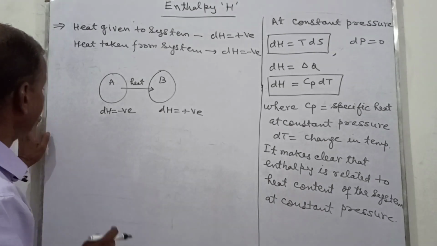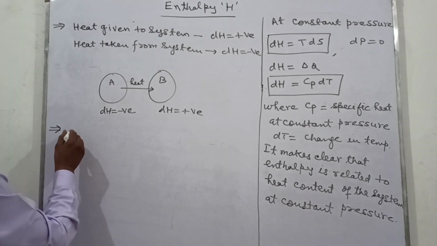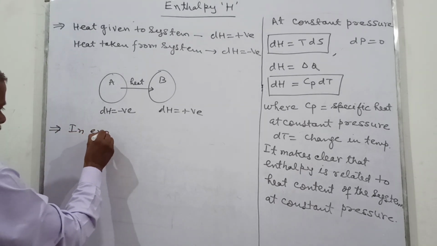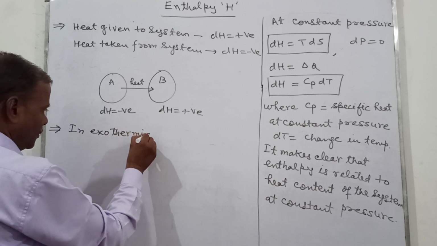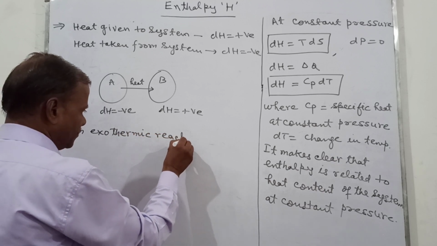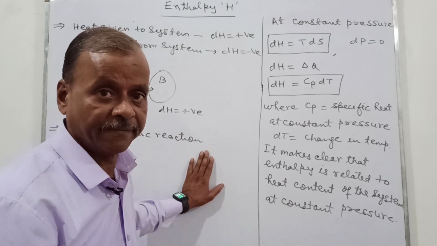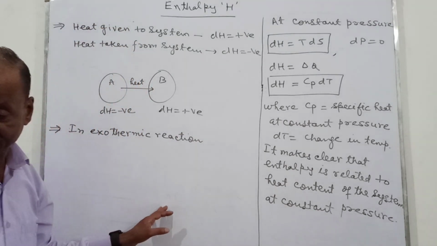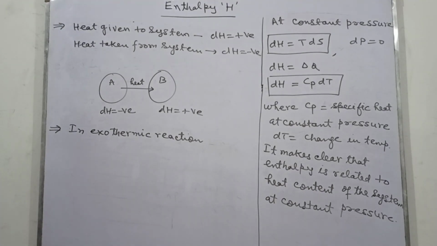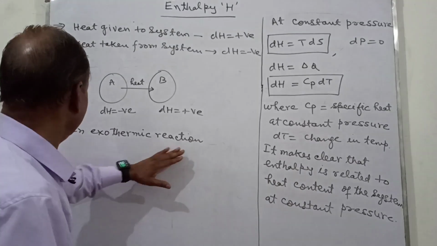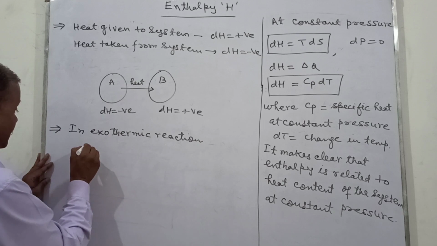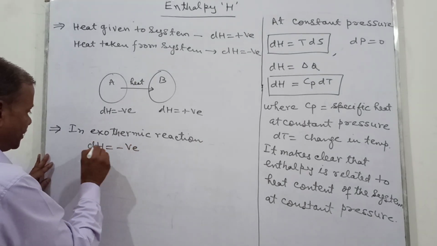So now we can have that in case of exothermic reaction, the heat is given by the system, so dH equal to negative.